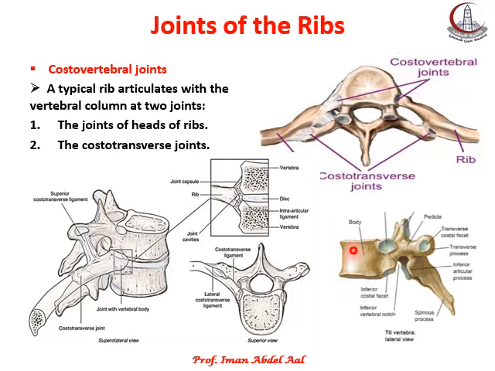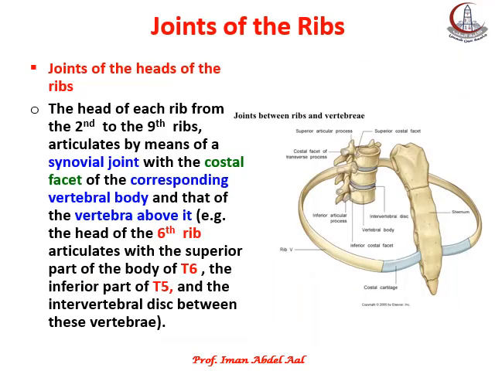This is the body of the vertebra. It has an articular facet on its body for articulation with the head of the rib, and this is the transverse process. It has an articular facet for articulation with the rib. If you look at this picture, you can see several vertebrae, and this is a rib joining the vertebra.